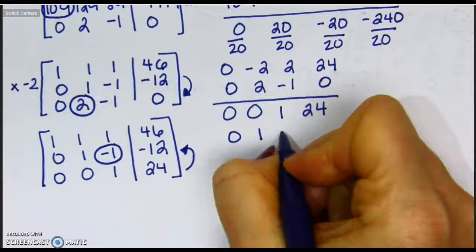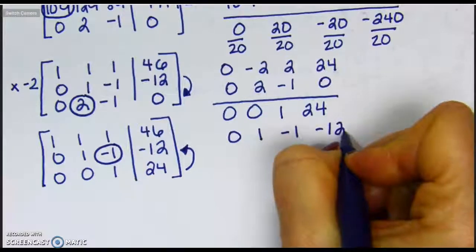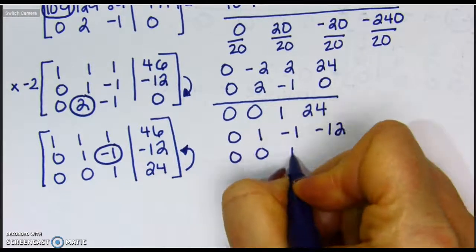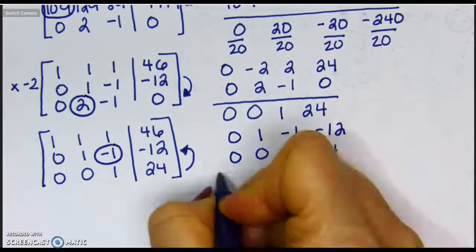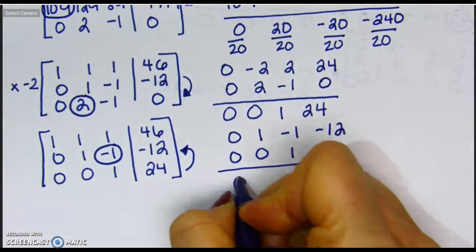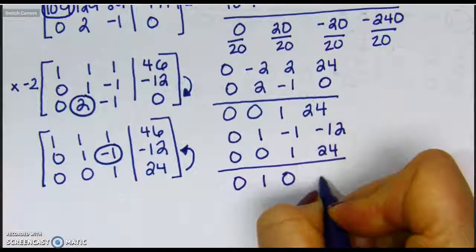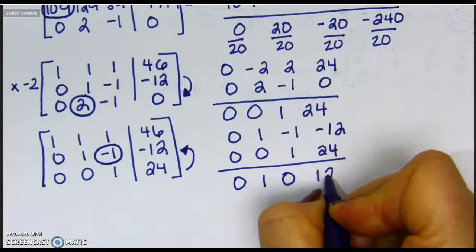And if you can do some of these in your head, that's awesome. I'm just going to write it out. Because here I have 0, 1, 0, 12.